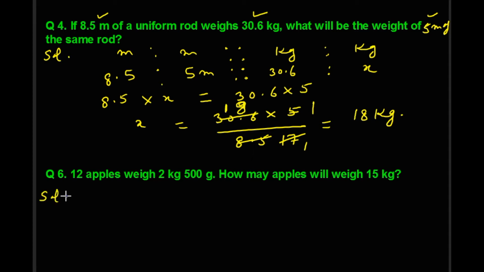So we will move on to the next question. If 12 apples weigh 2 kilogram 500 grams, how many apples will weigh 15 kg? So here apples ratio, apples we have to find out.